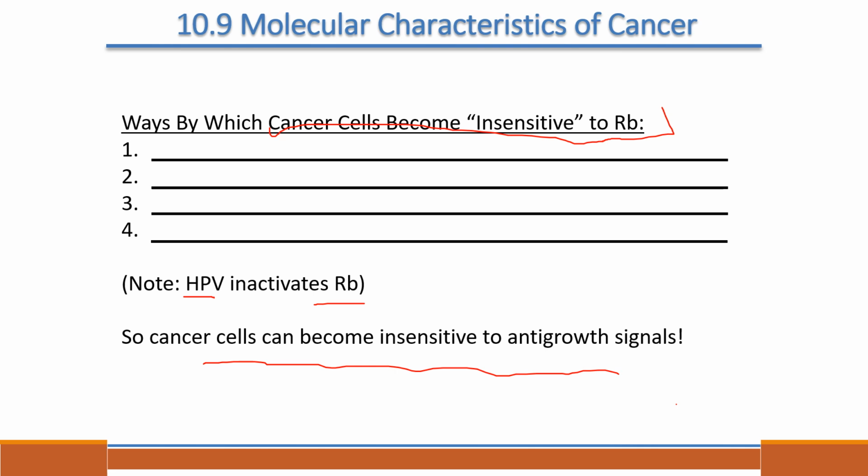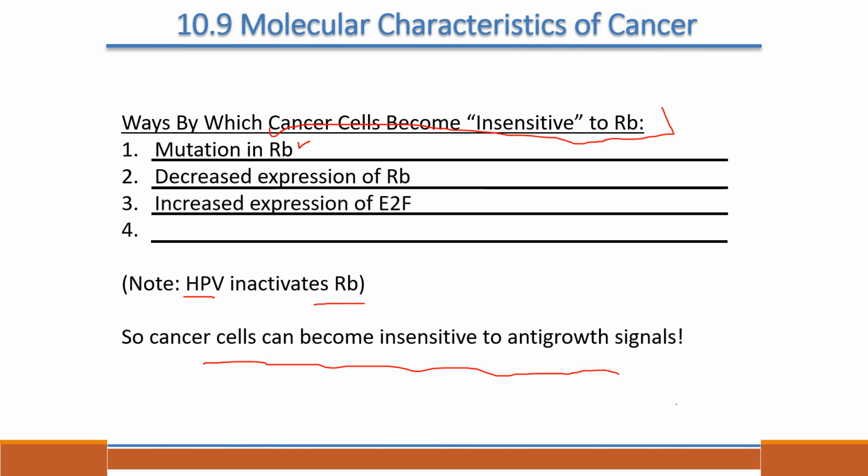Okay, so I'm sure that you wrote this one. The first one is that there could be a mutation in RB, so now the RB cannot attach anymore to E2F. Another thing that could happen is a decrease in the expression of RB, so now you don't have enough RB to attach in the correct places to regulate E2F.